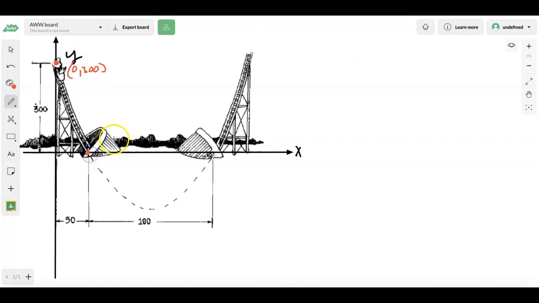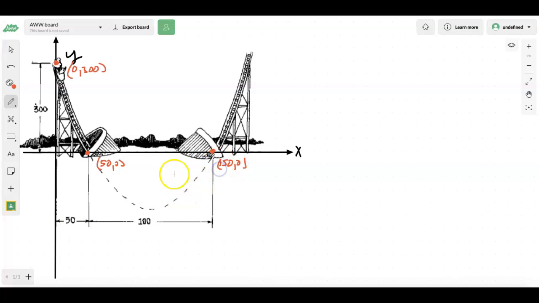I'm sorry, our first zero, where we're heading into the underground section, would be at (50, 0), which is 50 feet from the drop point. We travel 100 feet underground and reach ground level again at 50 plus 100, which is 150.